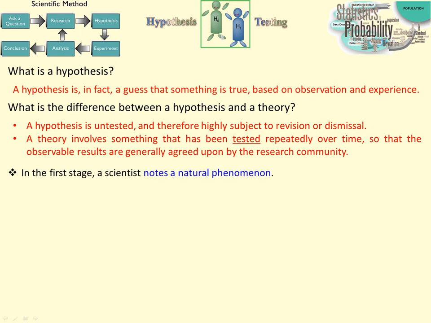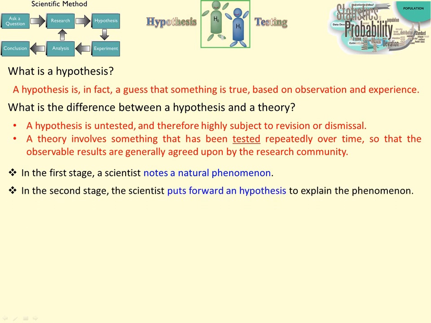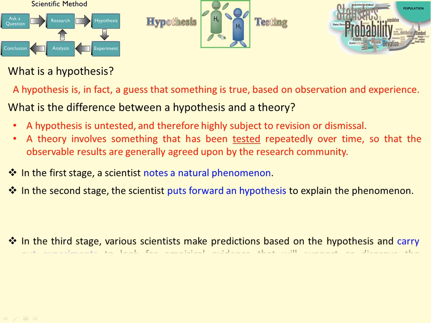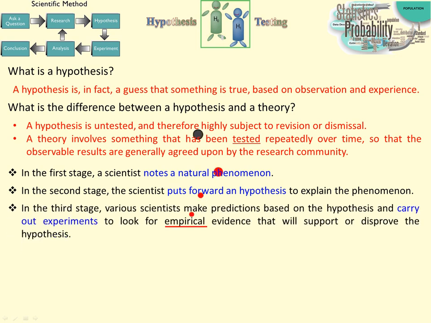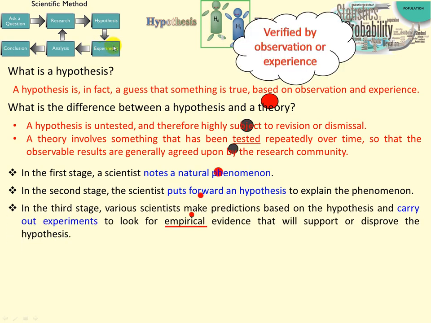So let's go through the process. The scientist notes a natural phenomenon, asks a question, and then puts forward a hypothesis. Thereafter they carry out experiments and look for empirical evidence verified by observation or experience.